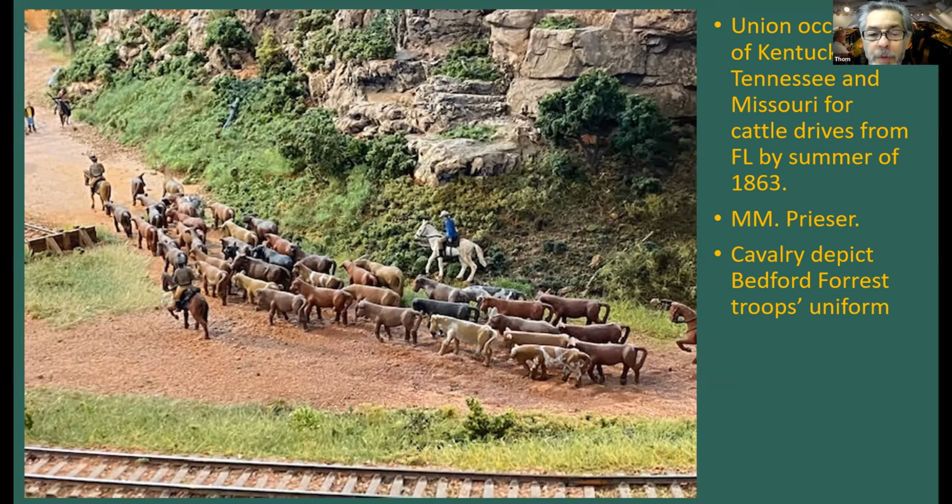So I just took poetic license and figured, well, maybe they had a couple of his boys helping out with the cattle drive. And Don Troiani's books, of course, are fantastic references for the uniforms. So this fella here and the fella on point are painted to depict the uniforms of Bedford Forrest.